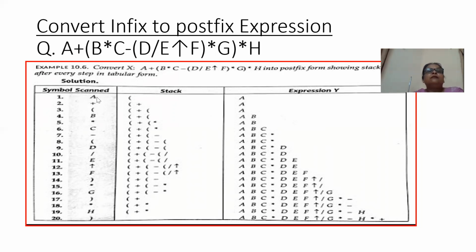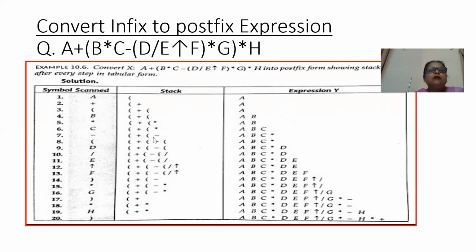A, append to the output; plus, push onto the stack. Parenthesis comes, then a new stack starts. B, this is an operand, add to the output. This is multiply, push onto the stack. C, operand, append to the output. Minus, push onto the stack, and pop the multiply asterisk.